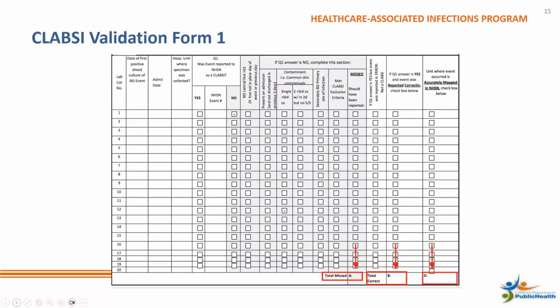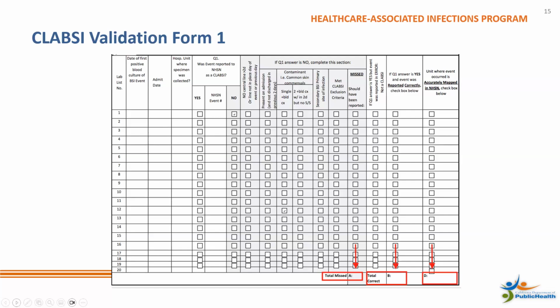So there's a single positive blood culture or 2 positive blood cultures within 2 days, but no signs and symptoms. So you mark the corresponding box if those apply. Or it can be a secondary BSI with a primary source of infection that was identified, or it did meet CLABSI exclusion criteria. And then the last box, if you've answered no for question 1, is that it was missed, that it should have been reported as a CLABSI, but it was unfortunately not reported as a CLABSI. So then you would check that box.